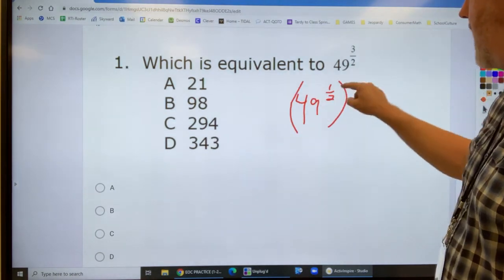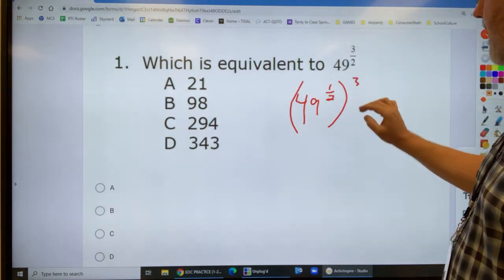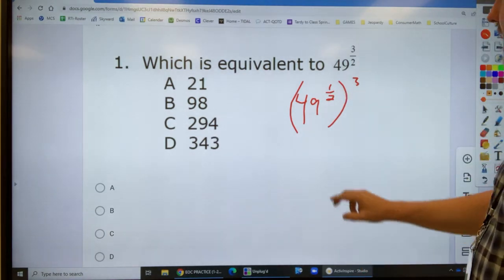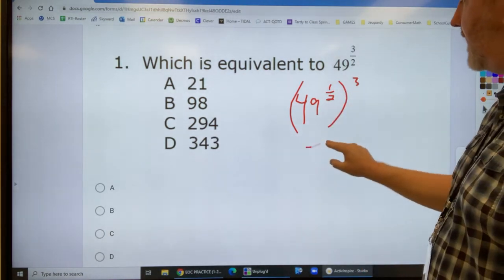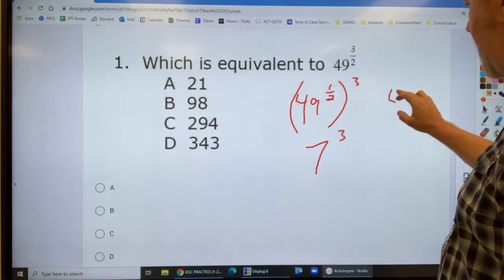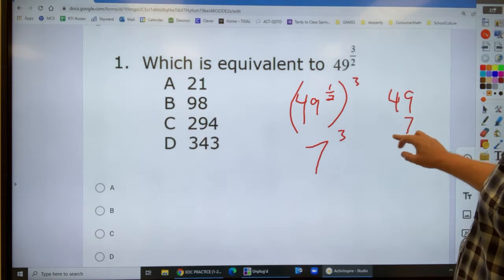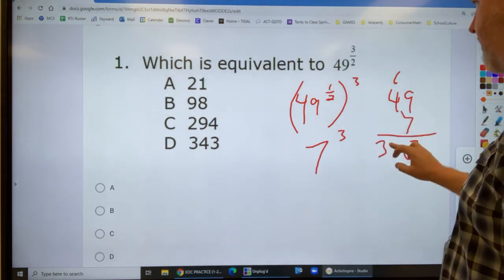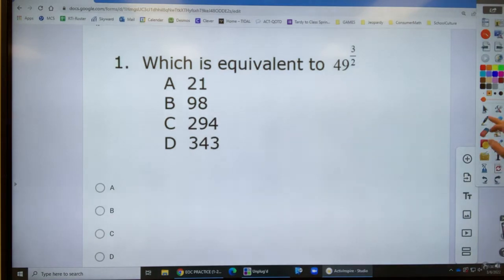You're going to separate that 3/2 into 1/2 times 3 because that's the same thing. Square root of 49 is 7. 7 to the 3rd power is 343, I think. I'm going to go ahead and do 49 times 7 just to be sure. 63, 6, 28, 343. Answer is D.